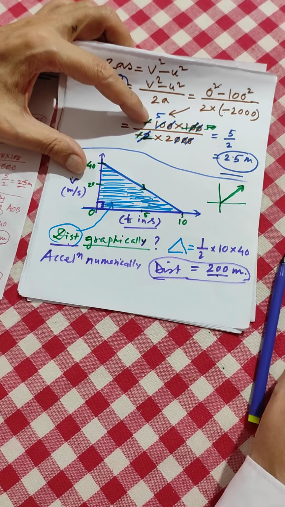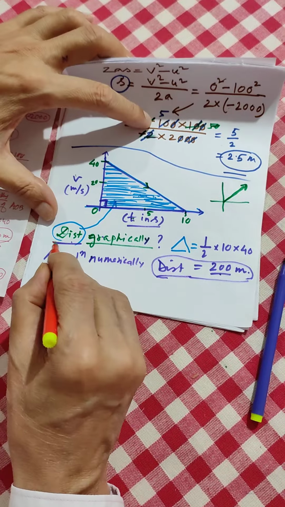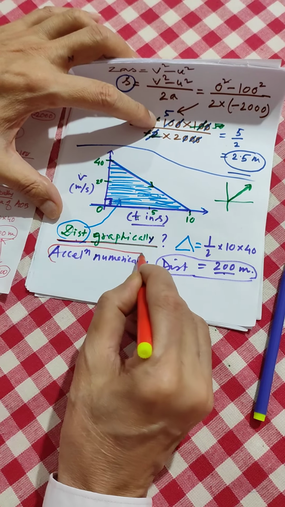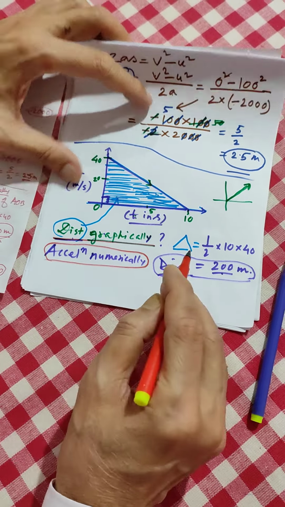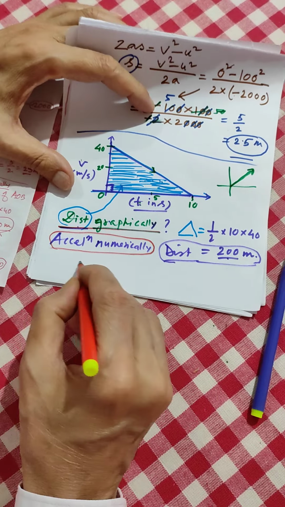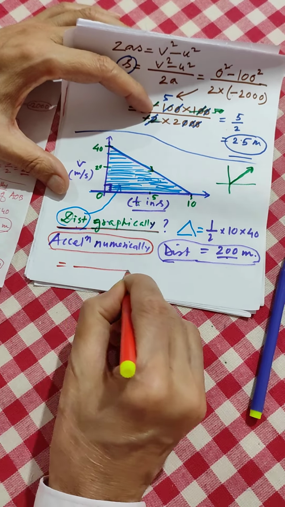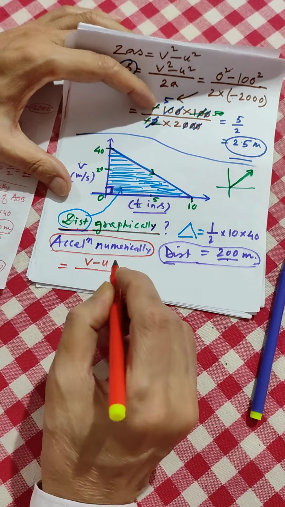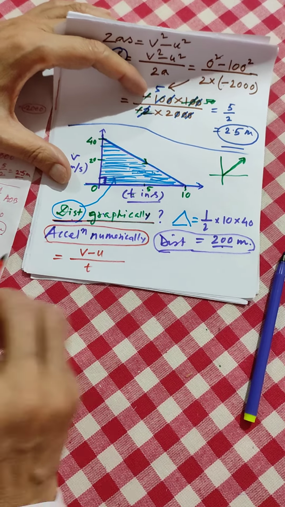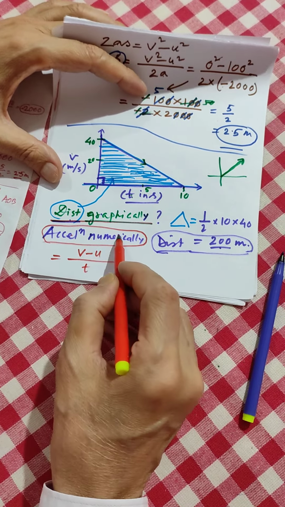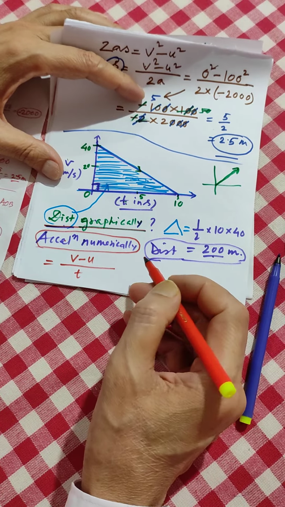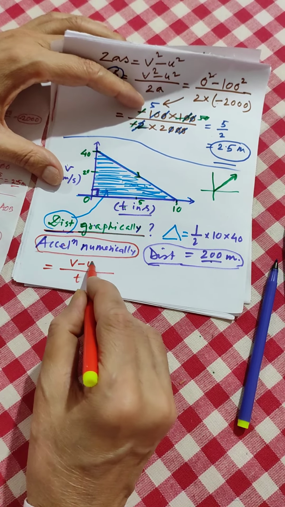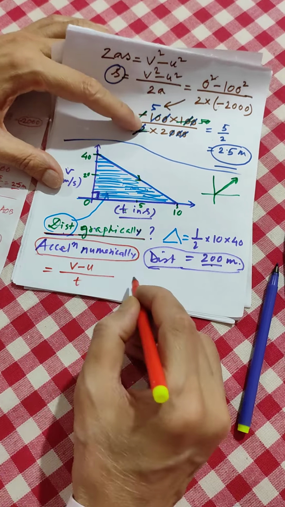So these two things you have to find: distance graphically and acceleration numerically. Now, how will you find acceleration numerically? The acceleration formula is v minus u by t. That means work by using the formula. So v minus u by t is the acceleration formula.